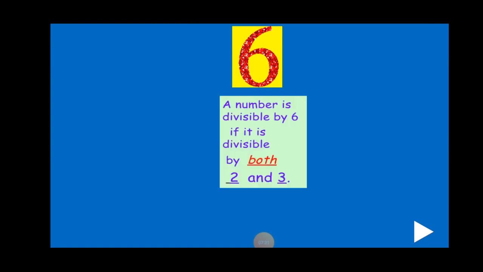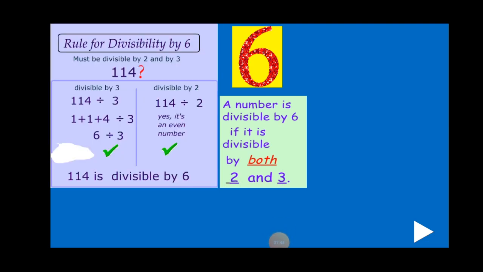Now let's learn about the divisibility by 6 in detail. Children, a number is said to be divisible by 6 if it is divisible by both 2 and 3. Now look at this example present on the screen.